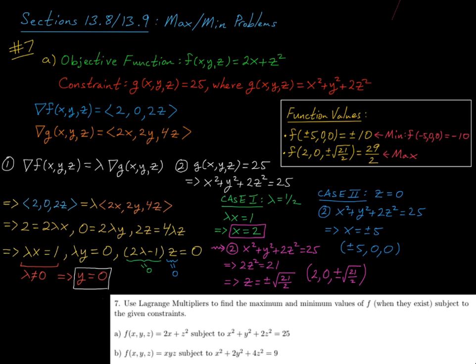So as far as our minimum value, that's going to happen when the output is negative 10. And the largest value from this list is 29 halves. Notice 10 is not a max or a min, because I'm looking for the largest output value from this list and the smallest output value from this list. So that'd be negative 10 for the smallest and 29 halves for the largest.